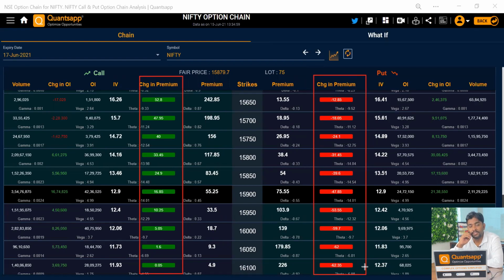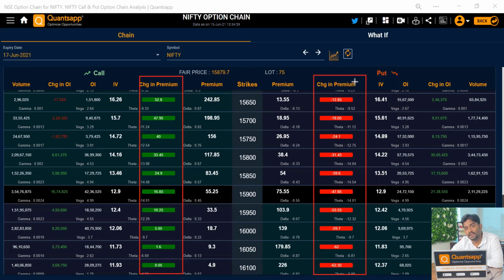That means if the spot price is going up, the call option price will go up. That's why the changes are positive today, so markets are probably going up today. Nifty might be trading in positive territory today. That's why the premiums show a positive change.